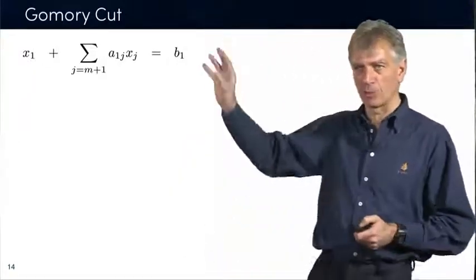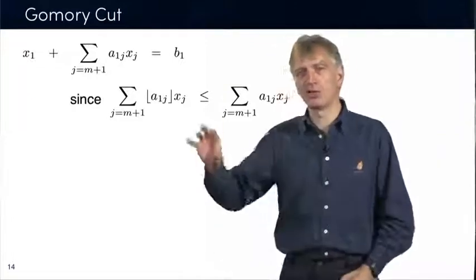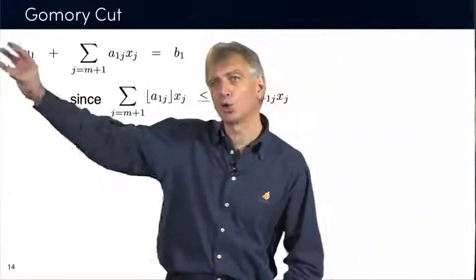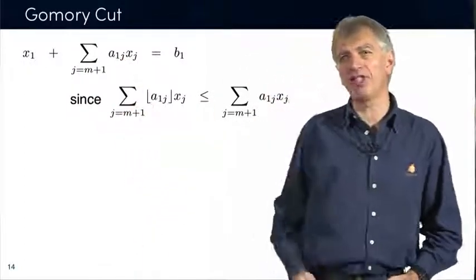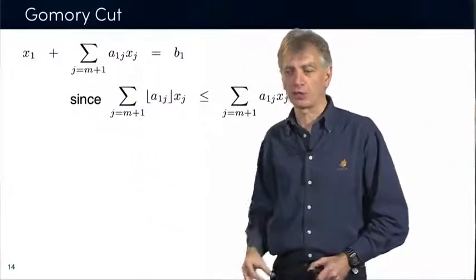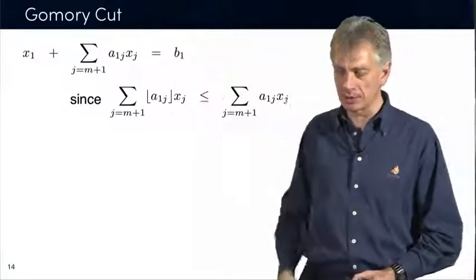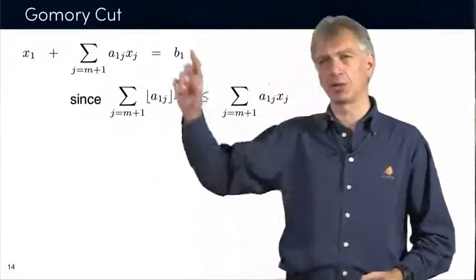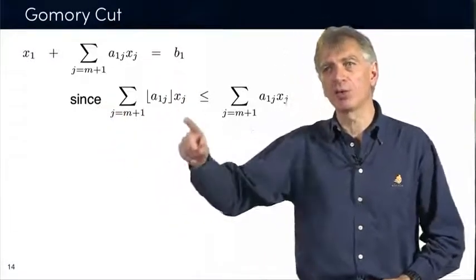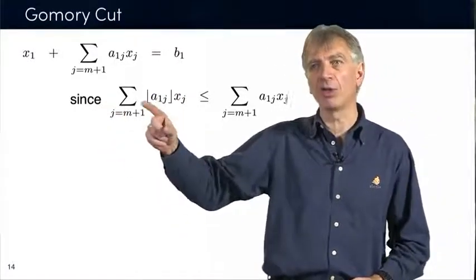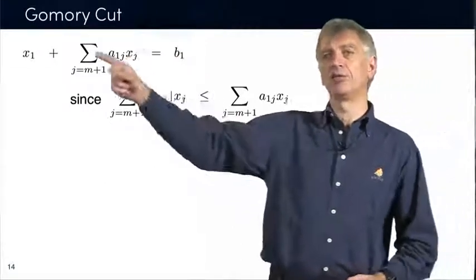We'll talk about Gomory later on. What we're going to do is take this row of the tableau, and the first thing we do is take these coefficients and round them downwards, to the largest integer which is smaller than that value. If we round all these coefficients downward, that value is going to be smaller than the value that we have here.